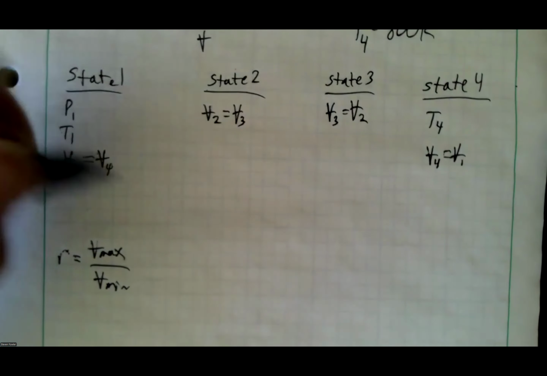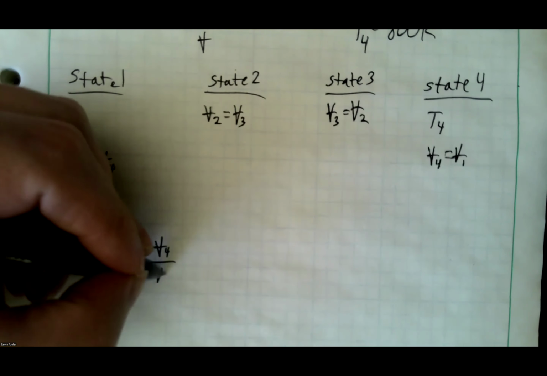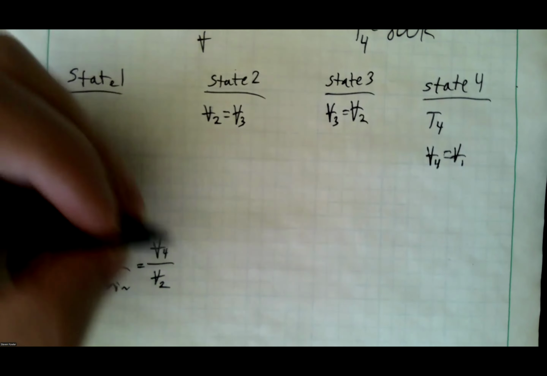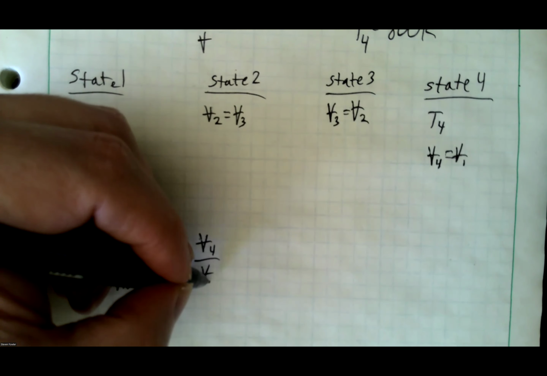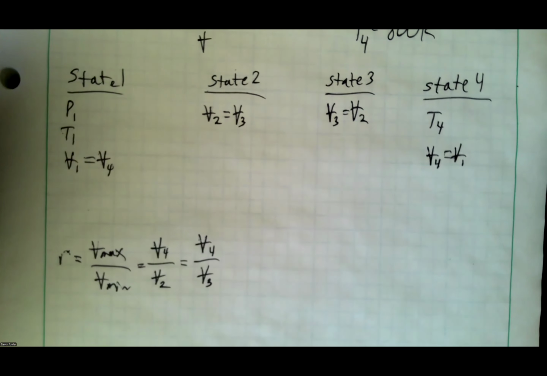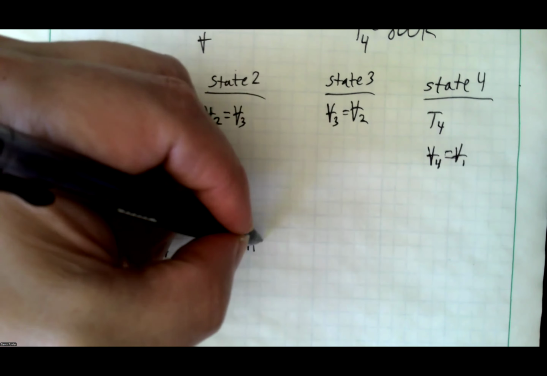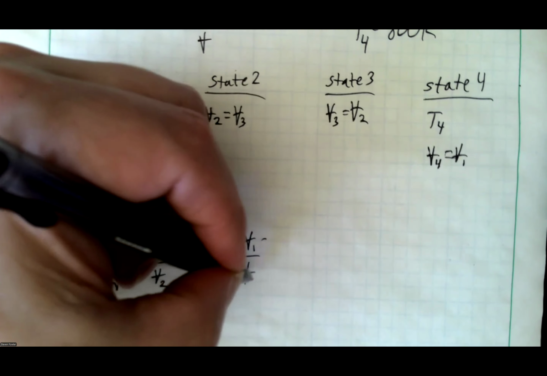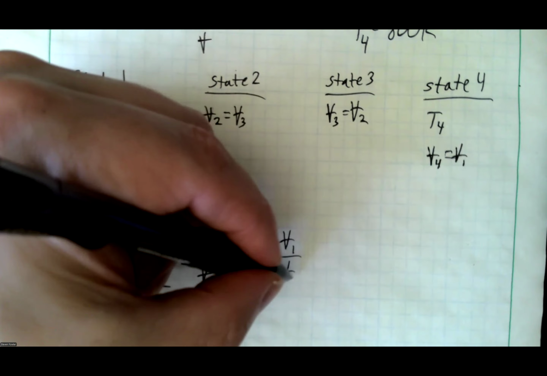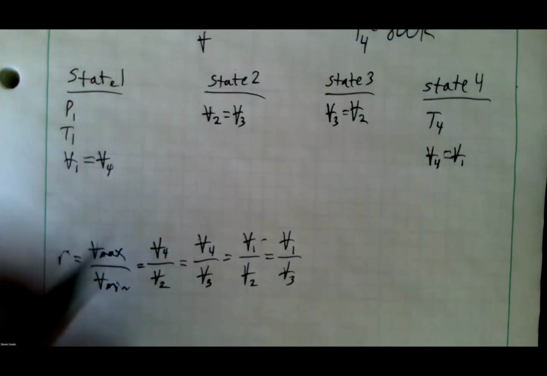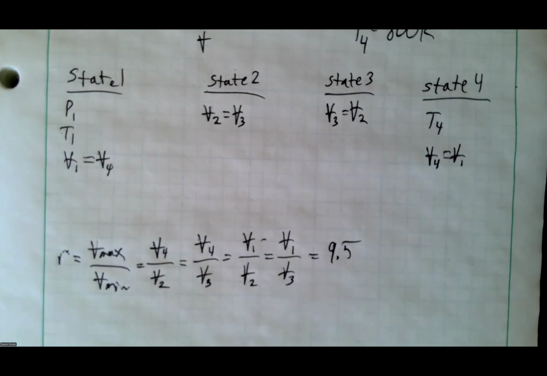So any combination where I've got a max volume on top, that could be 4, and a min volume on bottom, that could be 2 or 3. And instead of 4, a max volume is also state 1, so I could have 1 on top and 2 or 3 on bottom. Any combination thereof is going to have the same value, 9.5.